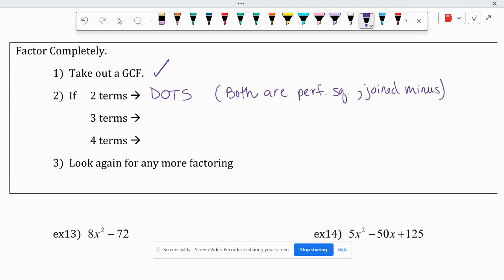If you have 3 terms, you have to decide: is it going to be the AC method that you learned yesterday, or are they perfect square trinomials? 4 terms, we use grouping.